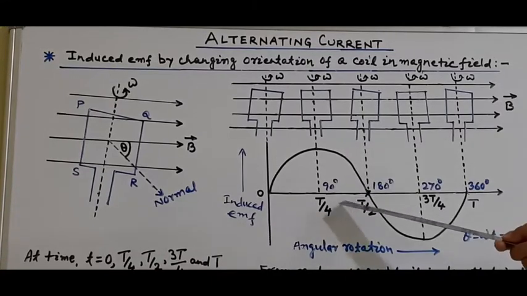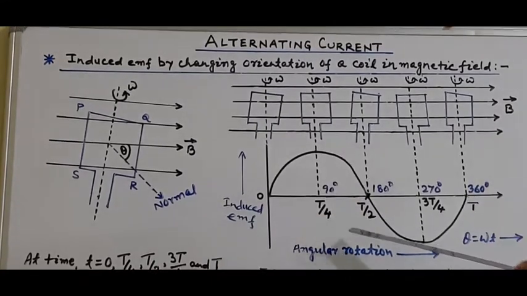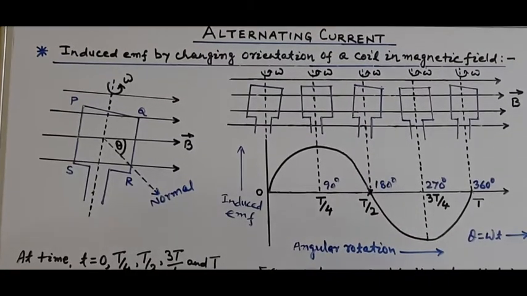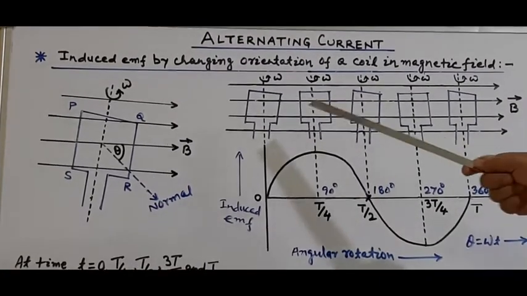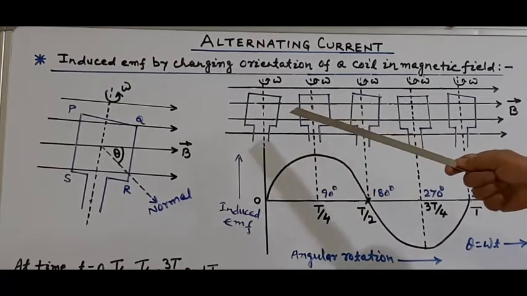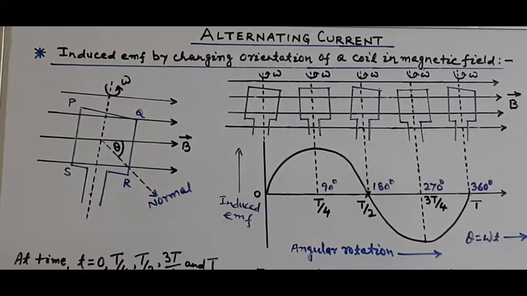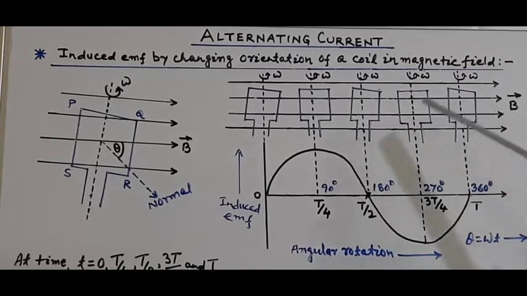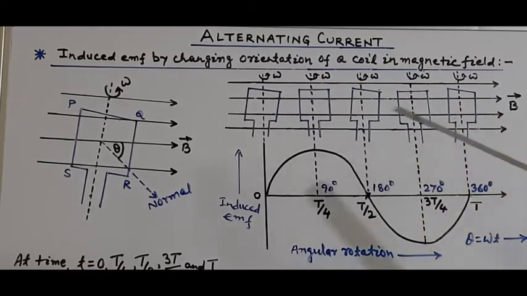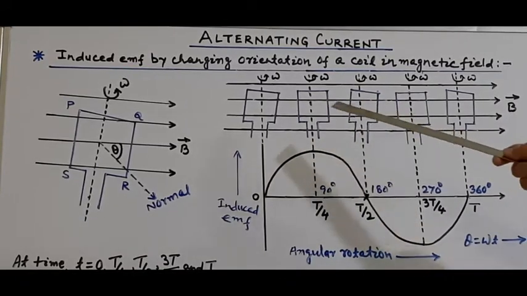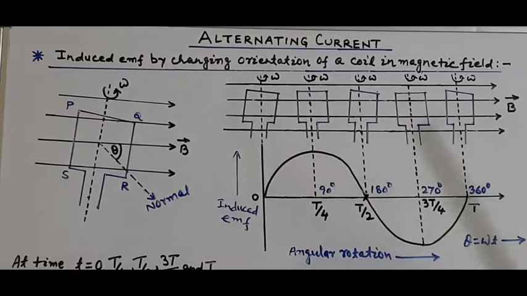So here is the graph which explains the alternating EMF clearly. Look at this figure. Rotation of coils are shown at different positions. In this figure, in uniform magnetic field B, the coil rotated and its rotation is shown by the 1, 2, 3, 4, 5 different positions.